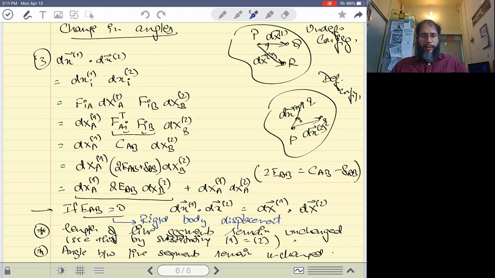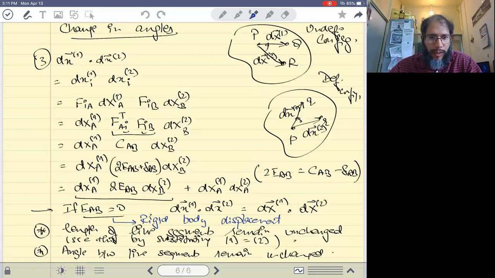So it's again easy to see that. Remember that we said that the motion can be split into two parts. One is rigid body displacement, where the body moves as a whole, which is a sum of translation and rigid body rotation. So you translate the body, rotate it. That's a rigid body displacement, and the other part of motion is deformation. Okay.